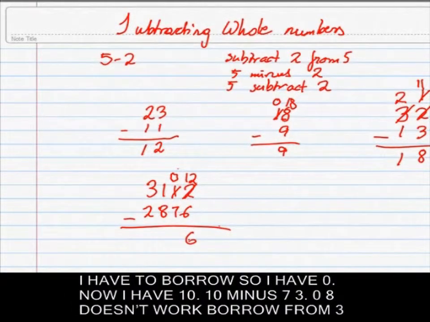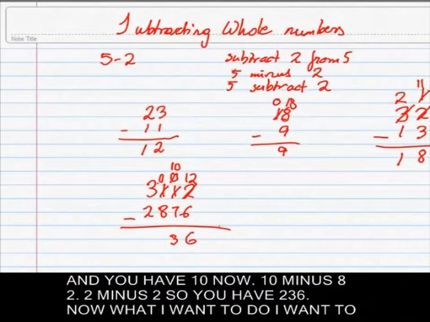I have to borrow, so I have 0. Now I have 10. 10 minus 7, 3. 0 minus 8 doesn't work. Borrow from 3. And you have 10 now. 10 minus 8, 2. 2 minus 2, so you have 236.